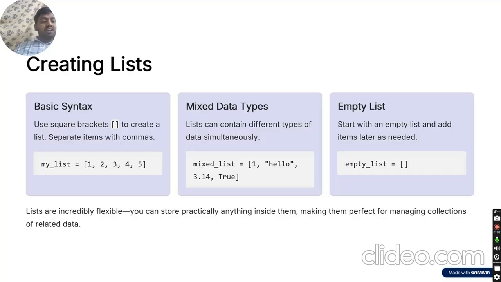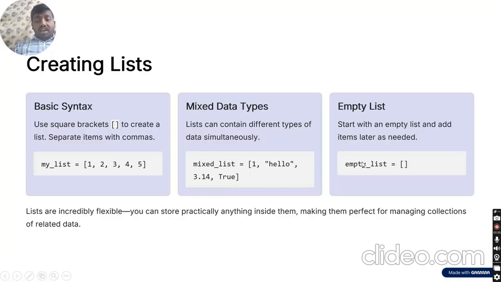I forgot to mention that lists are mutable and they can store mixed data types also. In this mixed list, we are storing an integer, a string, a float value, and a boolean value.